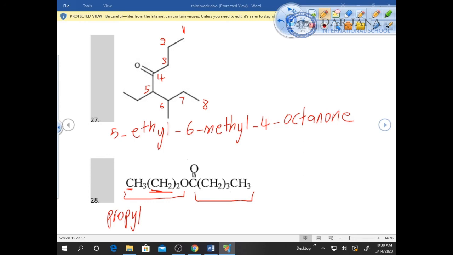And in the acid part there are 5 carbon atoms. This is the first carbon, 1, 2, 3, 4, 5. So it will be propyl pentanoate.